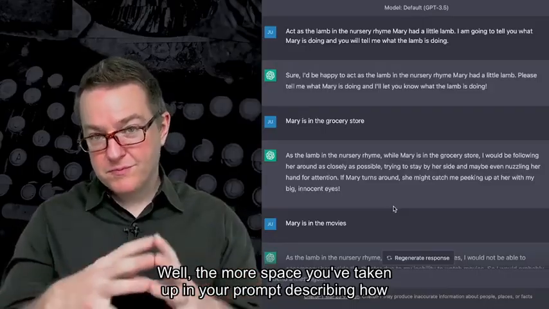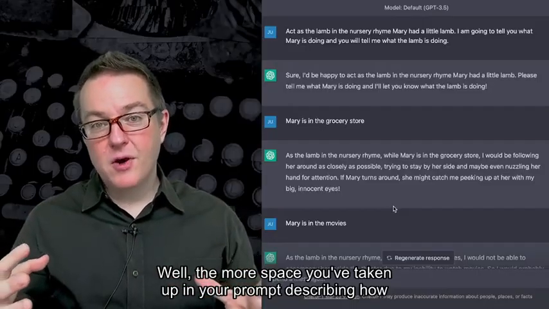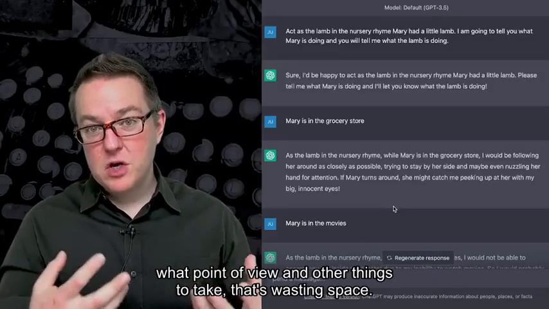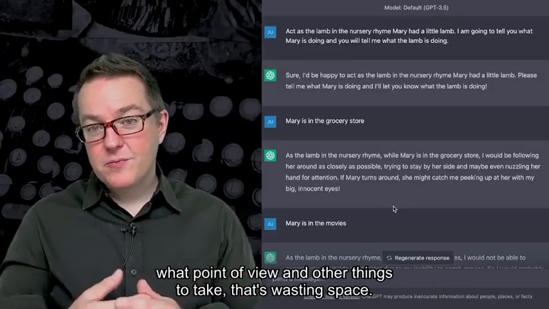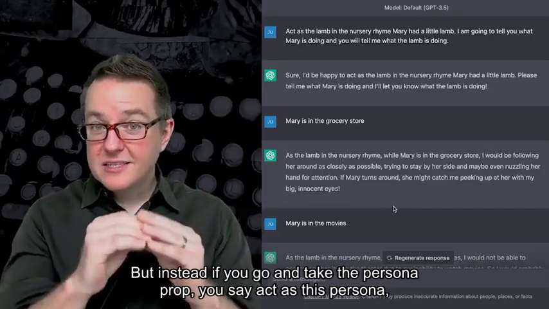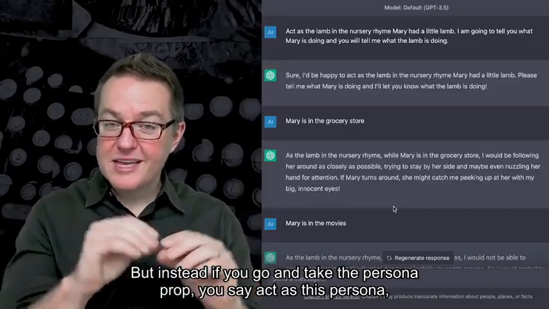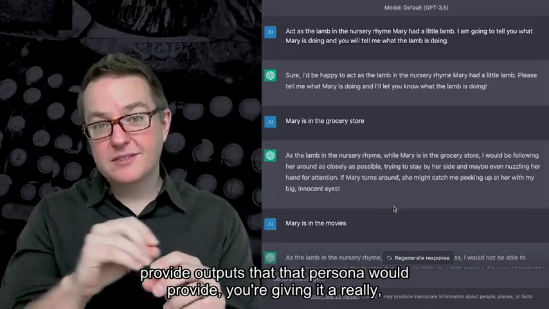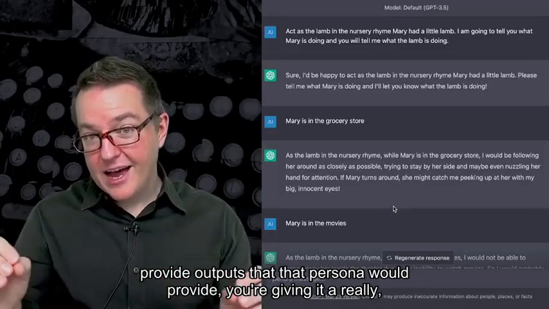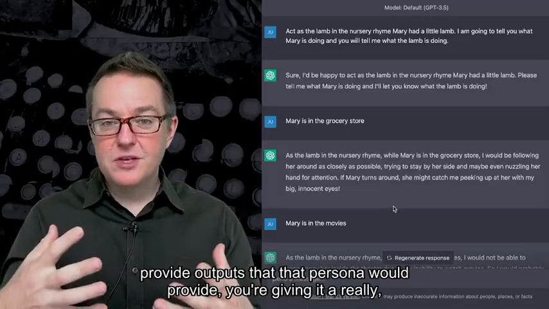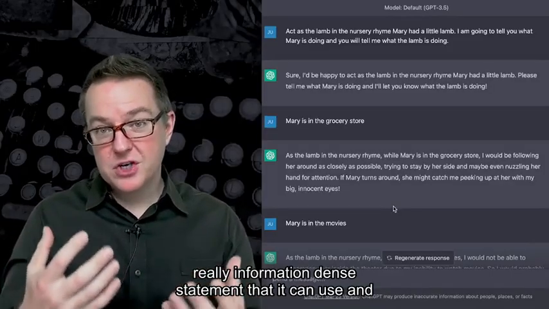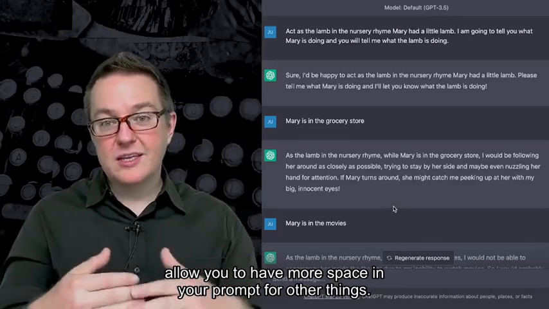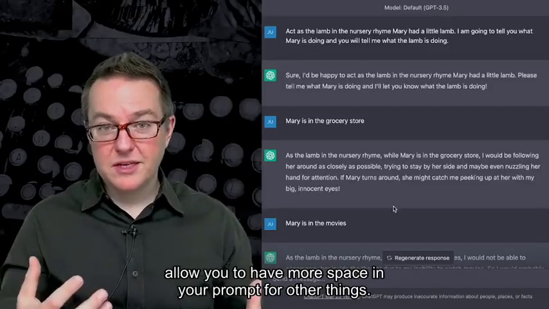Well, the more space you've taken up in your prompt describing how to do the evaluation and what point of view and other things to take, that's wasting space. But instead, if you take the persona prompt and you say, act as this persona, provide outputs that persona would provide, you're giving it a really, really information-dense statement that it can use and allow you to have more space in your prompt for other things.